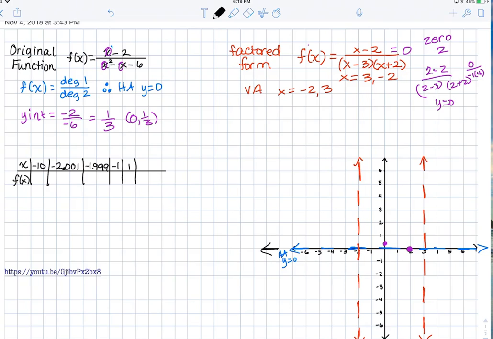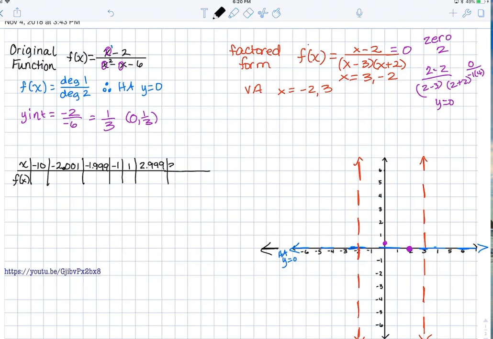And then let's approach that last asymptote. We're going to approach 3, but let's approach it from the left. So let's try 2.999. And then we'll see what happens when we get to the other side of that asymptote. We'll approach it from the right at 3.001. That'll tell us if we're shooting up to positive infinity or down to -infinity.